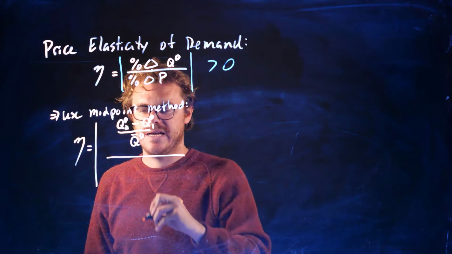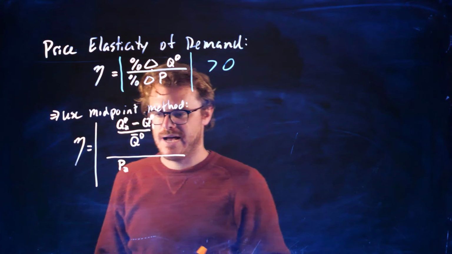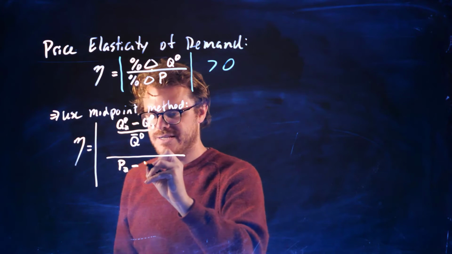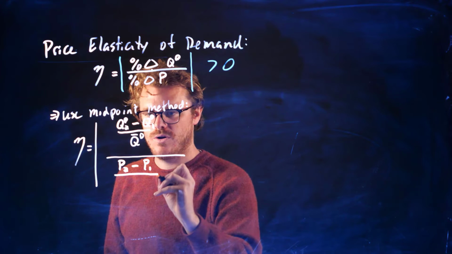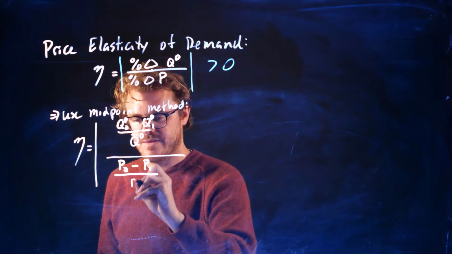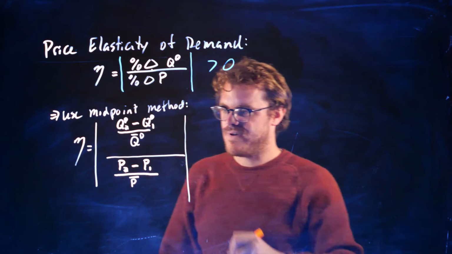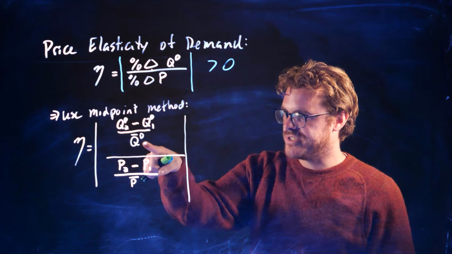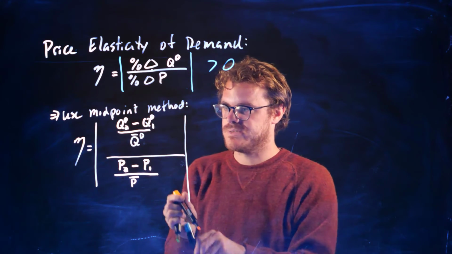And we're going to use the same method down here: price at 0.2 minus price at 0.1 over the average price. The fact that we're using the average in the denominator is what makes it the midpoint method. So let's just make that clear.